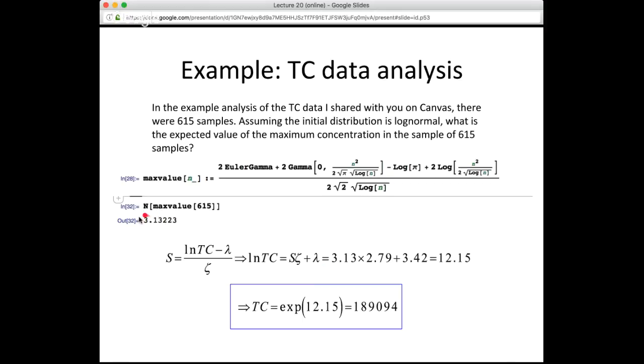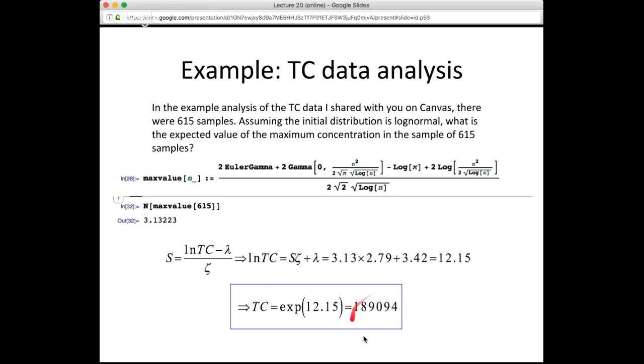So if I take my 3.13 for the expected value of the standard normal variate, and we multiply it by the zeta I derived before and add the lambda I derived before, I get 12.15 for natural log TC. And then if I take e to the both sides of that equation, I get the expected value for the maximum TC value in a sample size of 615 samples is 189,094.